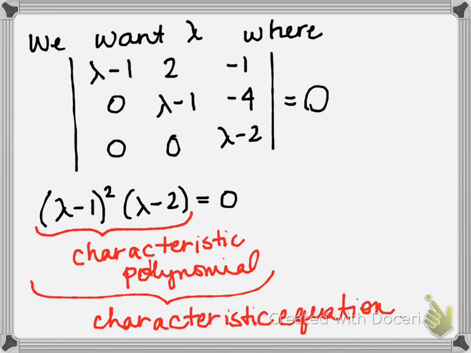The characteristic polynomial is just the expression on the left, the polynomial with the lambdas in it, and the characteristic equation is when we set it equal to 0. This characteristic polynomial is already factored for us, so that tells us lambda equals 1 and lambda equals 2 are the eigenvalues.